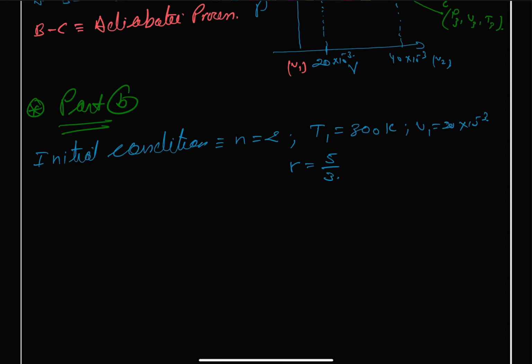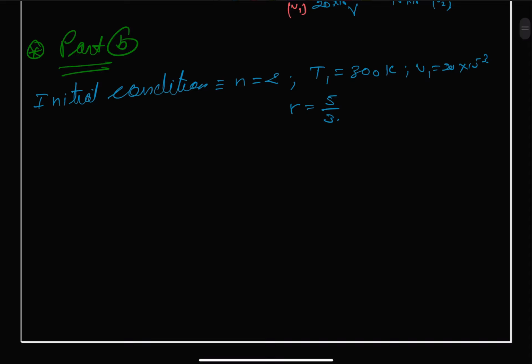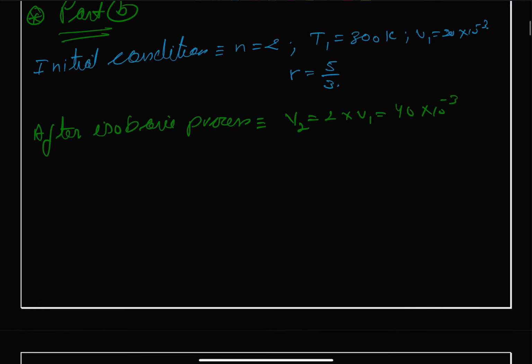And after the isobaric process, volume is doubled, so we can say our V2 is equal to twice of V1. This comes as 40 into 10 to the minus 3, and we can find out the temperature.